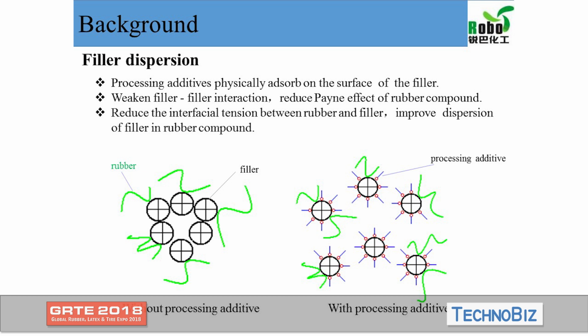The second, the processing additives can physically absorb on the surface of the filler and weaken the filler-to-filler interaction and reduce the Payne effect of rubber compound. Meanwhile, it can reduce the interfacial tension between rubber and the filler and improve the dispersion of filler in the rubber compound.